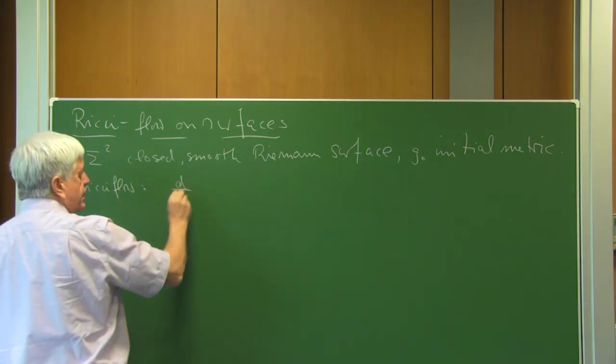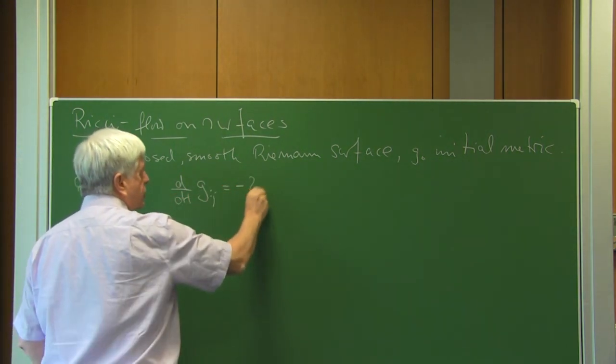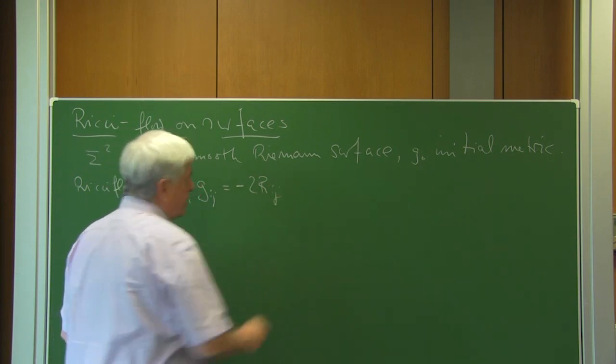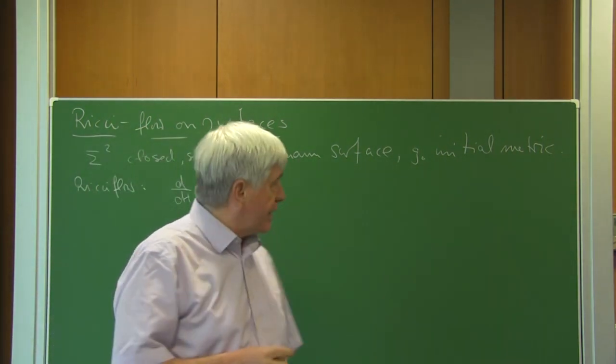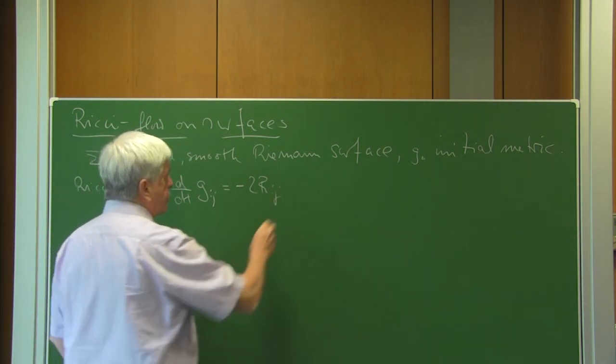So we have d/dt of g_ij equal to minus 2 R_ij. And in the two-dimensional case, the Ricci tensor is just given by the Gauss curvature.